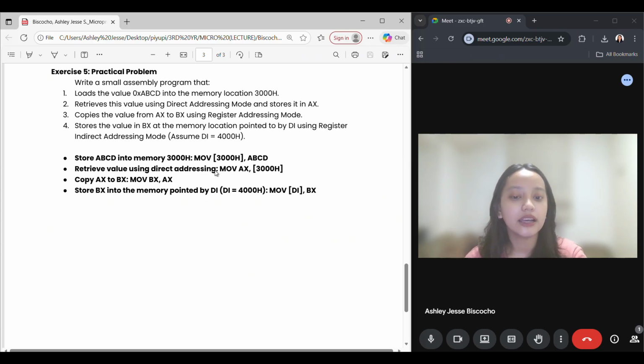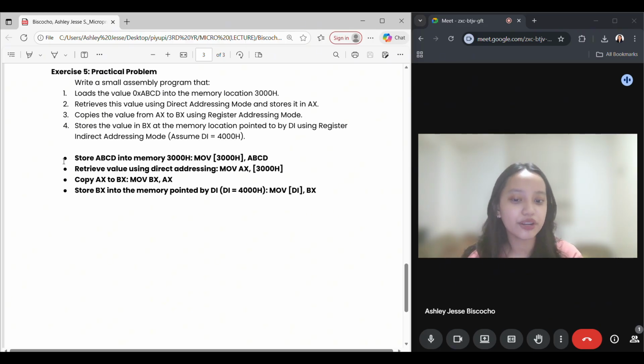And we wrote a small assembly program. First, we store ABCDH into memory location 3000H using MOV [3000H], ABCDH.